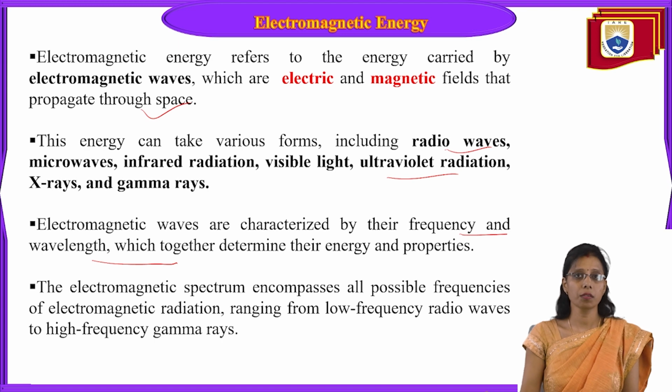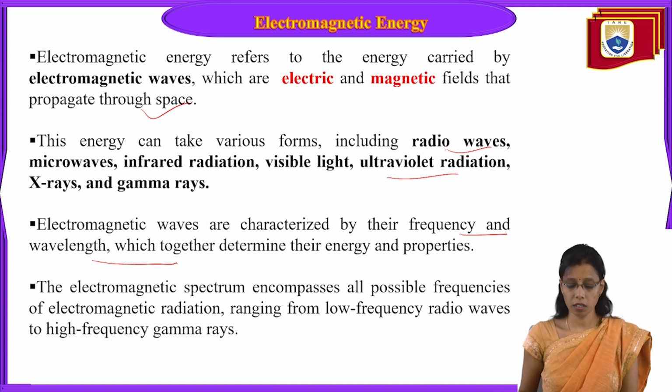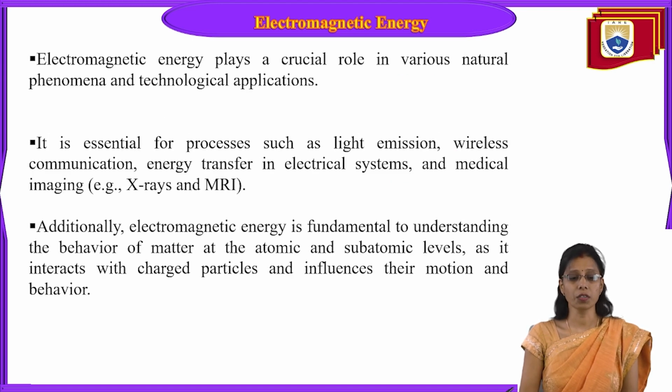All the low frequency regions come under radio waves or microwave regions. Whereas when you talk about the high frequency regions, ultraviolet rays, X-rays, and gamma rays all come under the short wavelength region as well as the high frequency region. So this is electromagnetic energy.